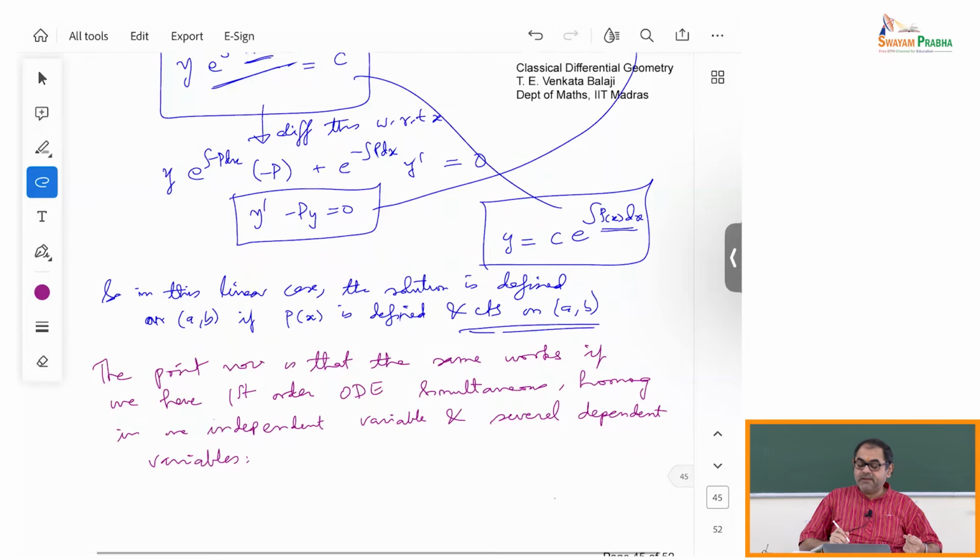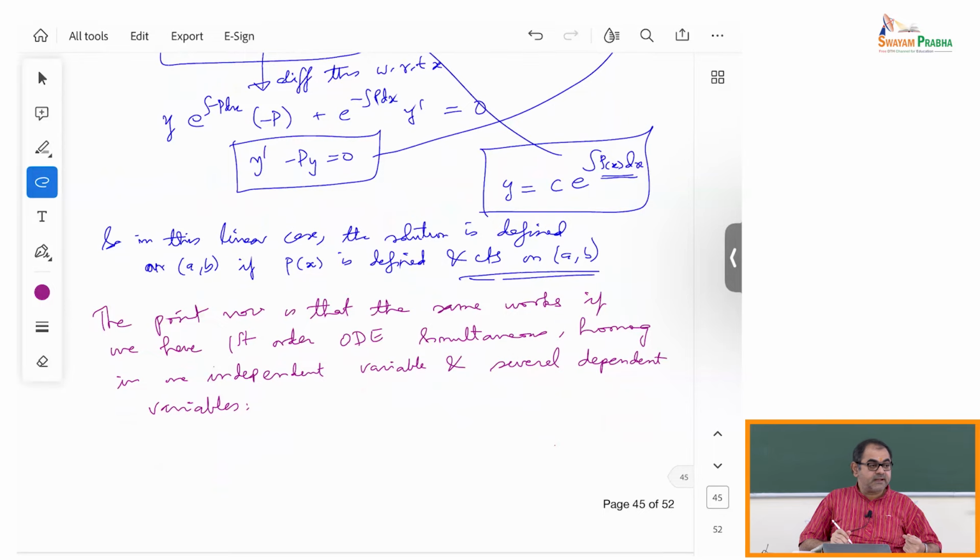What does that mean? Basically it means that you are given a system. Let me write it like this. Your x is now an independent variable on (a, b), which is an open interval on the real line.